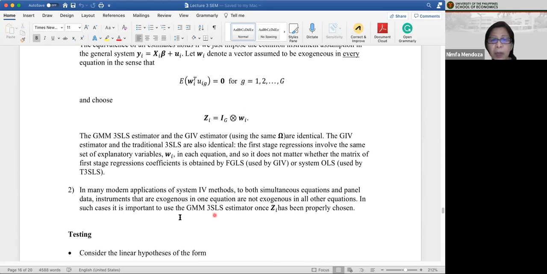In many modern applications, though, of system IV methods to both simultaneous equations and panel data, instruments that are exogenous in one equation are not exogenous in all other equations. In such cases, it is important to use GMM, three-stage least squares estimator, once C sub i has been properly chosen.